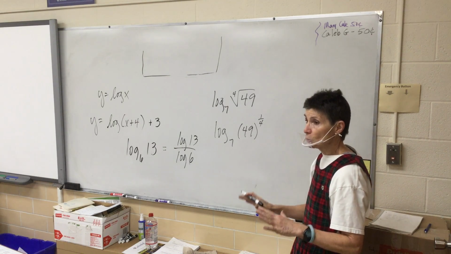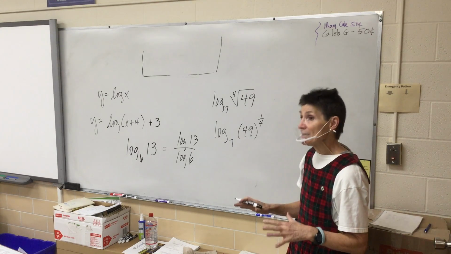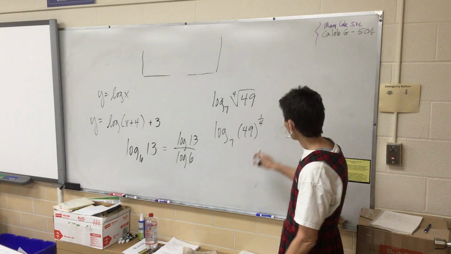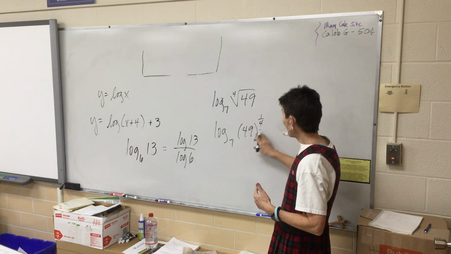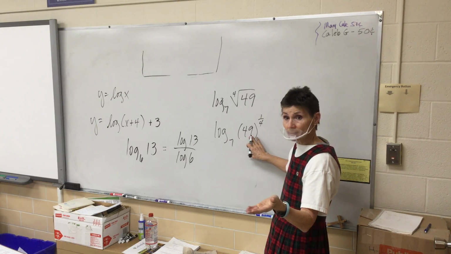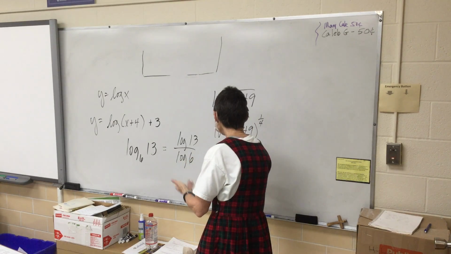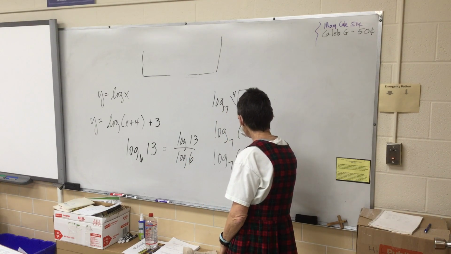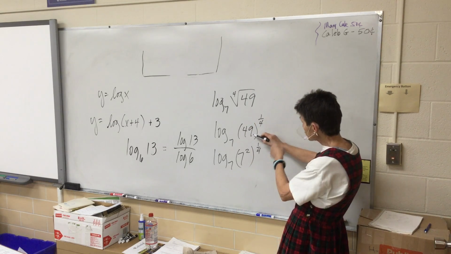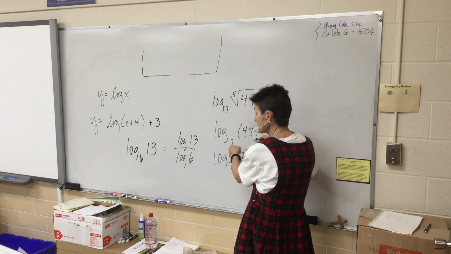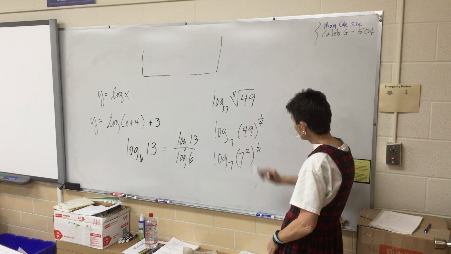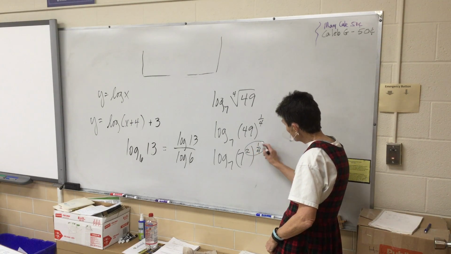Now I've got a couple of choices here. I can either pull that exponent out in front, or I can leave it there, recognizing that 49 is 7 squared. If I choose just to leave it there, then I'm going to have a double exponent because 49 is 7 squared. I chose to do that because there's a 7 there. So I have 7 squared to the 1/4. I multiply those.